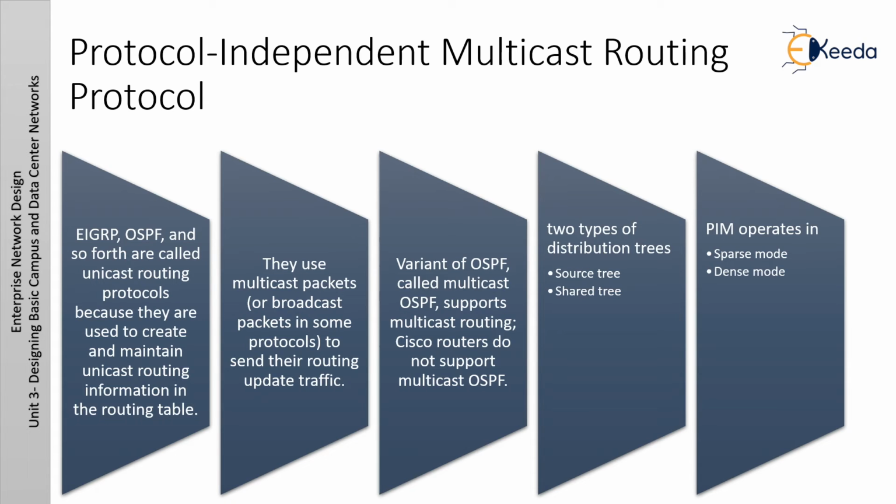The protocol independent part of the name indicates that PIM is independent of the unicast routing protocol, like EIGRP and OSPF, running in the network. It uses the normal routing table populated by the unicast routing protocol in its multicast routing calculations. So this is PIM.